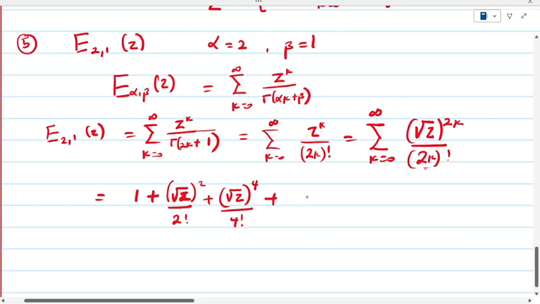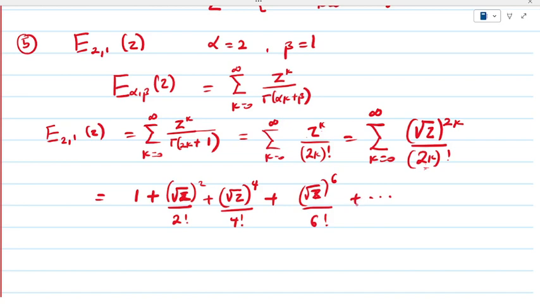When k is equal to 3, that's z to the power 3 over 6 factorial, etc. You will realize that this is the series function for cosh, and that will be cosh of root z. So that is the Mittag-Leffler function E_{2,1} of z. So take note of that.